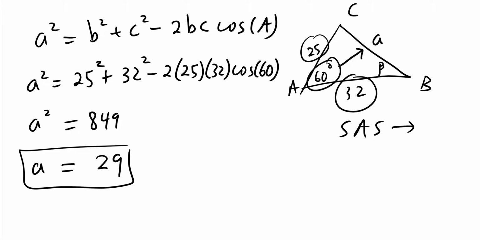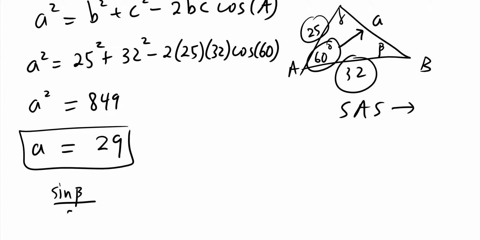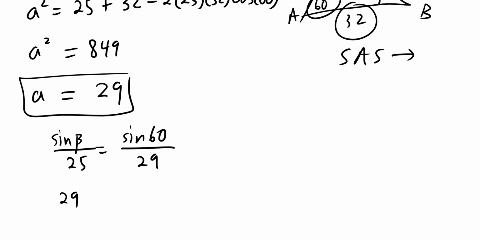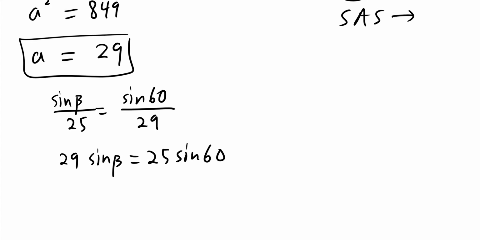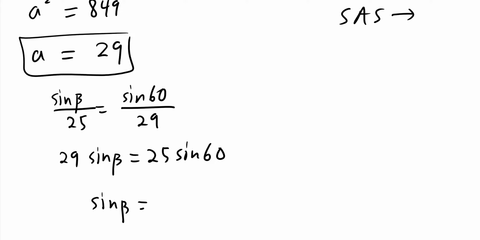This is beta, this is gamma. Let's say I want to find beta. So sine beta over 25 equals sine 60 over a, which I just found, 29. Cross multiply: sine beta is 25 sine 60 divided by 29.